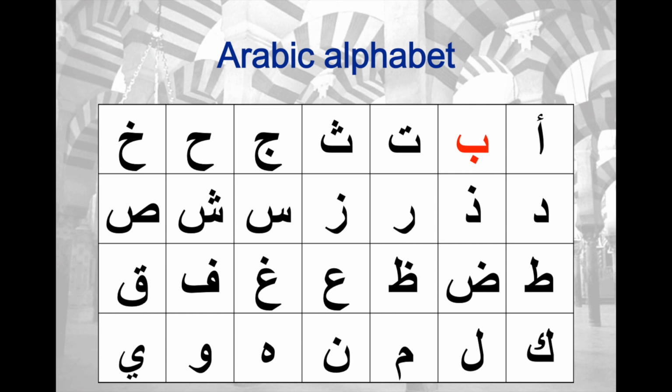That's why I selected it to be the first letter I speak about in these courses. The letter ba is pronounced exactly the same way as we pronounce the letter b in English. So ba in Arabic is pronounced like the letter b in English.